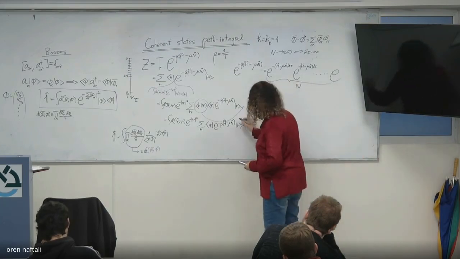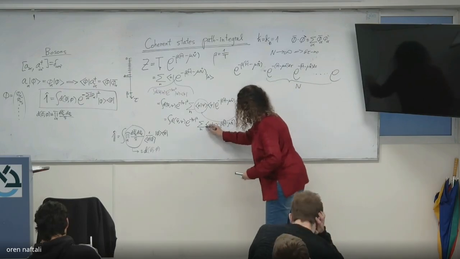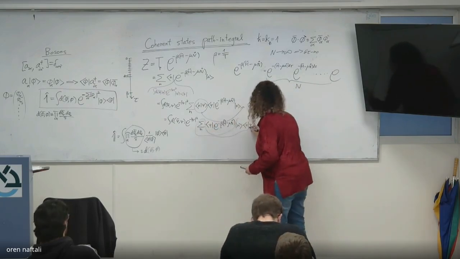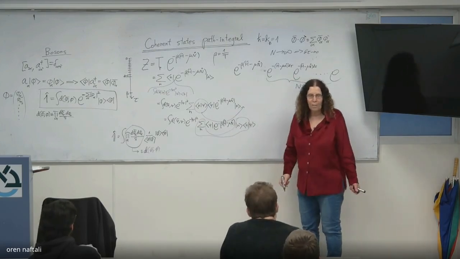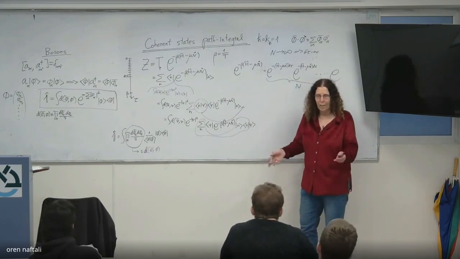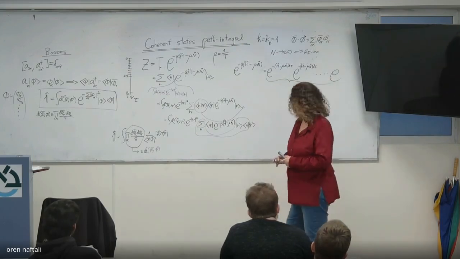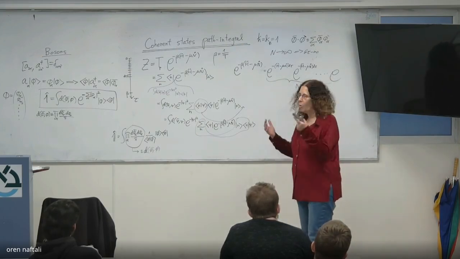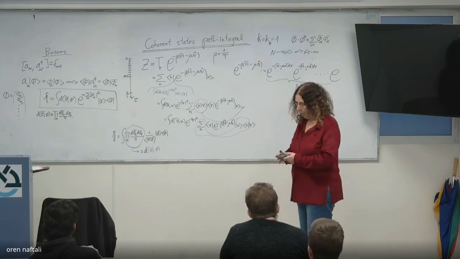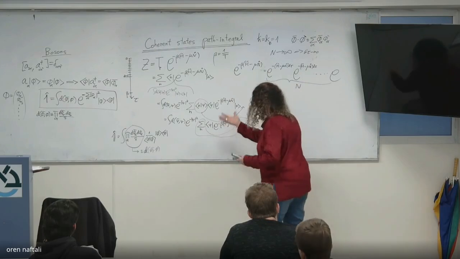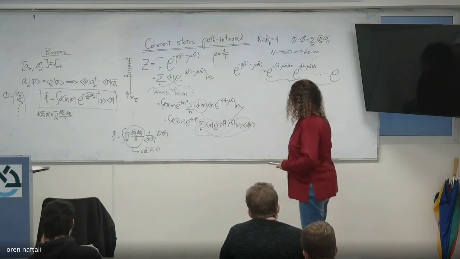So I have to be a little careful. This is a projector. So if I take this factor and sum over n, I get 1, right? It's the resolution of identity in the regular representation of Fock states or any orthonormal basis, any complete basis. Therefore, I got rid of the n's.